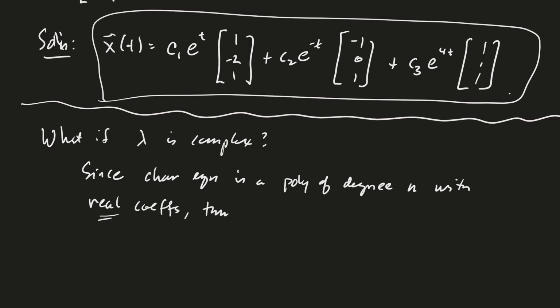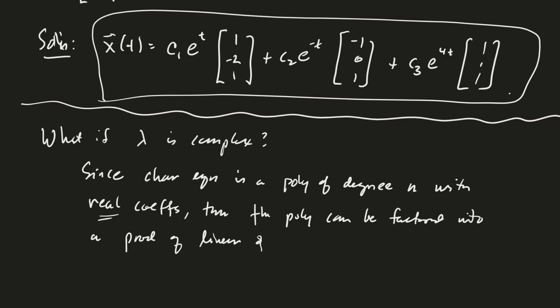Then p, or the polynomial, can be factored into a product of linear and irreducible quadratic factors.